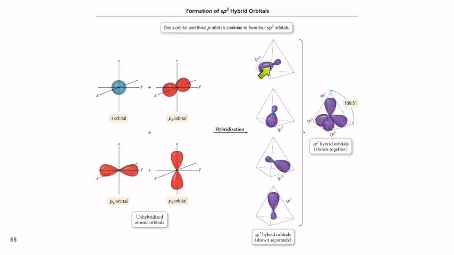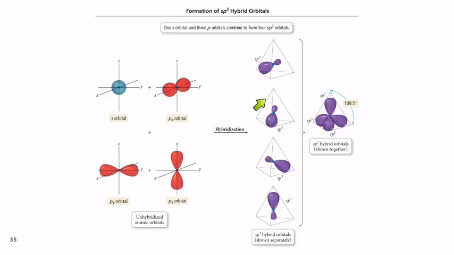Now they're looking more like a turkey drumstick, right? Instead of 2 balloons together, we have a big lobe on one side and a small lobe on the other side. This allows the atom to overlap this orbital with another atom with more overlap than just using one of these, because there, half of the electron density is on the wrong side and so it can't overlap as well. Here, we're concentrating electron density on one side of the atom, which maximizes the overlap.